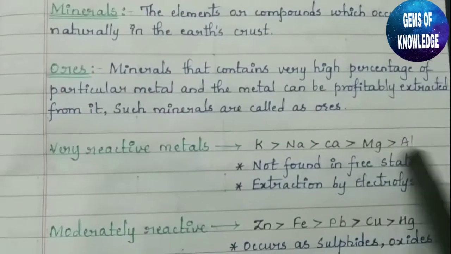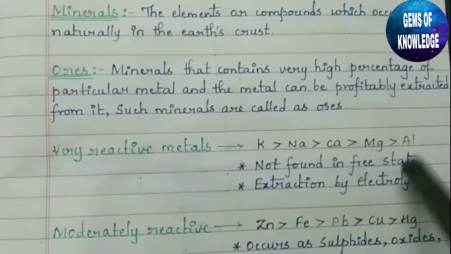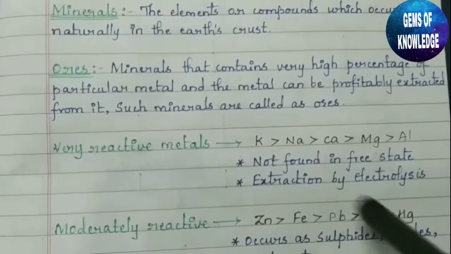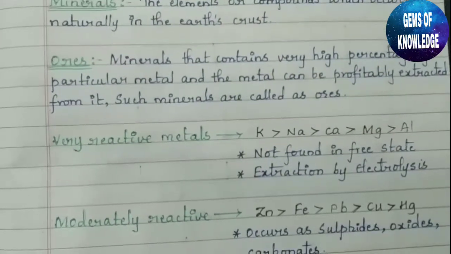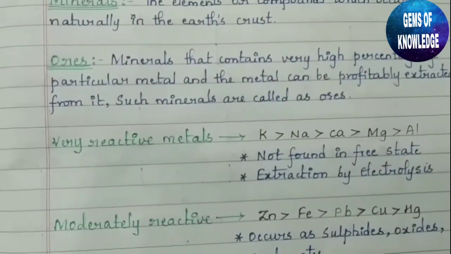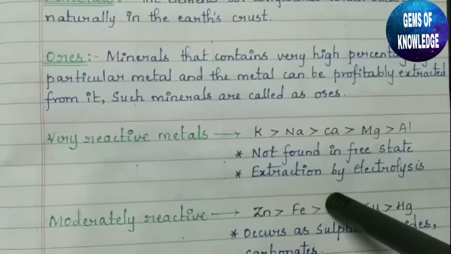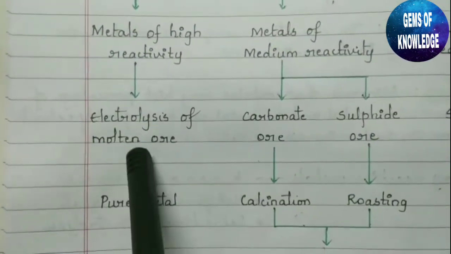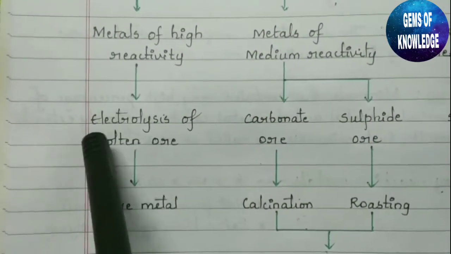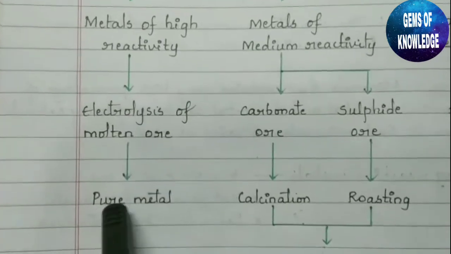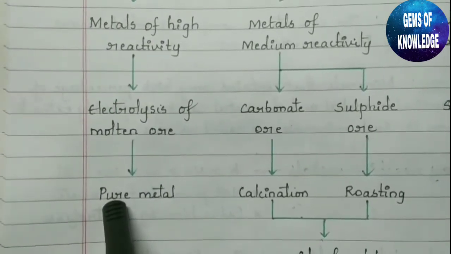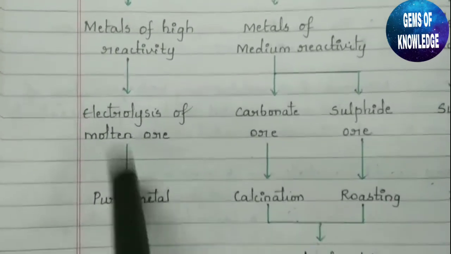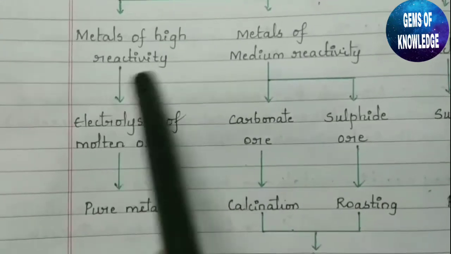We'll be studying this electrolysis process in this video itself in step 3, that is refining of metal. That process is used here before extracting the metal. After the electrolysis, what we get is the pure metal. So this is the case for metals with high reactivity.